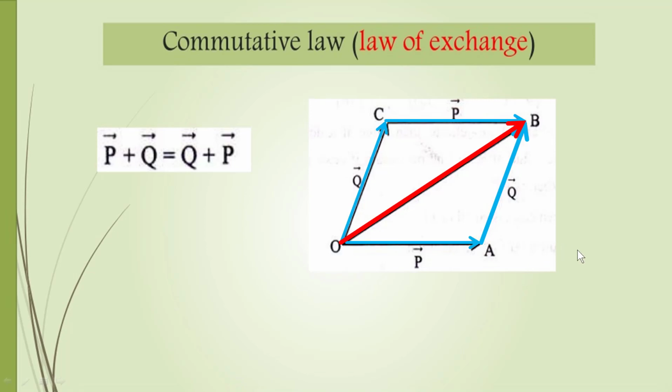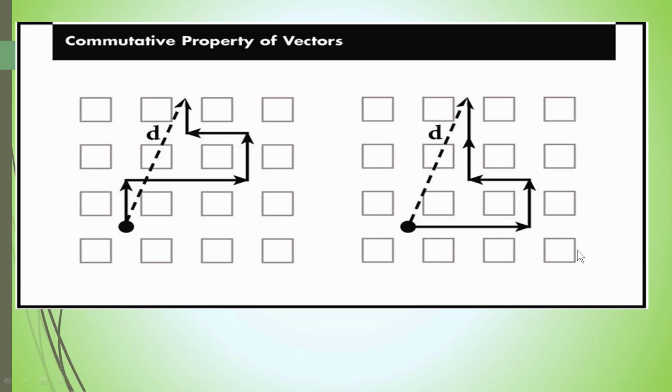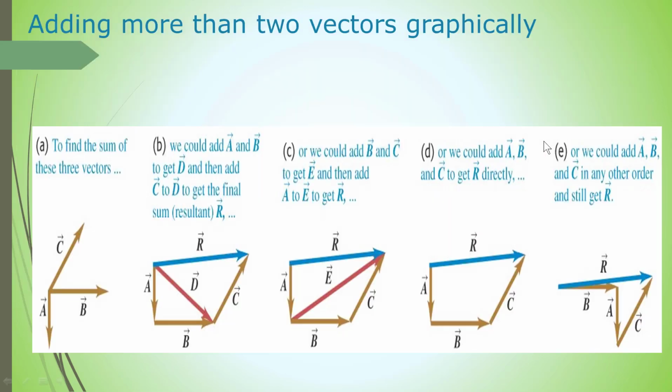Whatever path you follow, the resultant displacement will remain the same. It is irrespective of the path followed, the net displacement will remain the same. So we can say that vector addition is commutative.